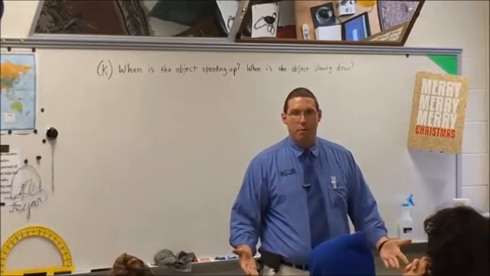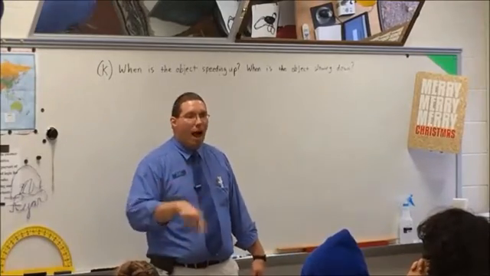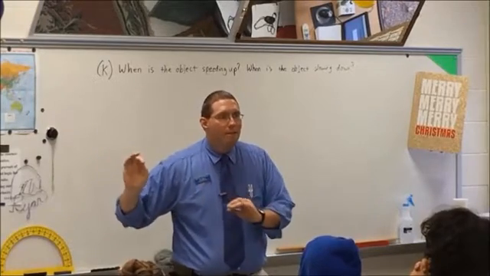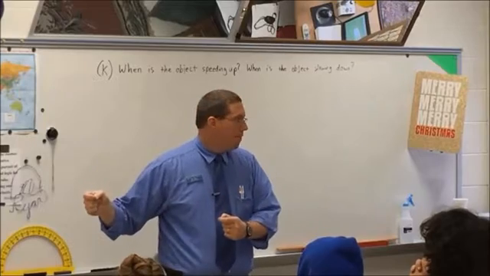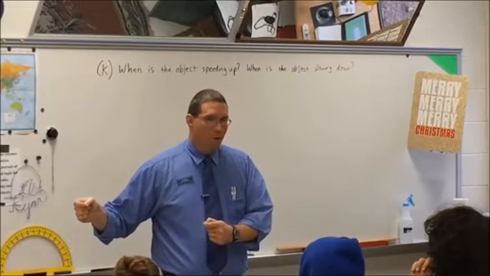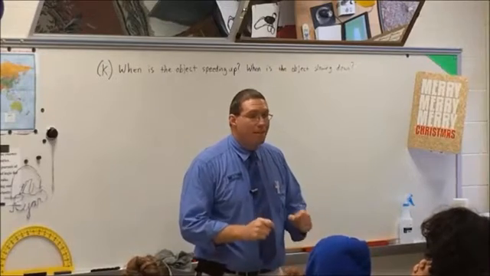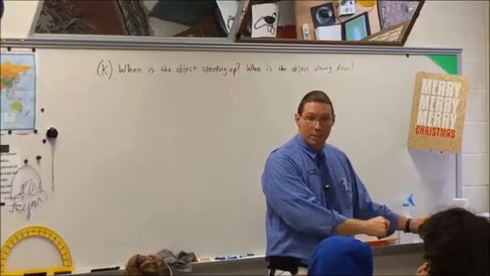It is at rest. So if the object is not at rest, it is either speeding up, which means that its velocity is moving away from 0, or it is slowing down, which means that its velocity is getting closer to 0, approaching 0.